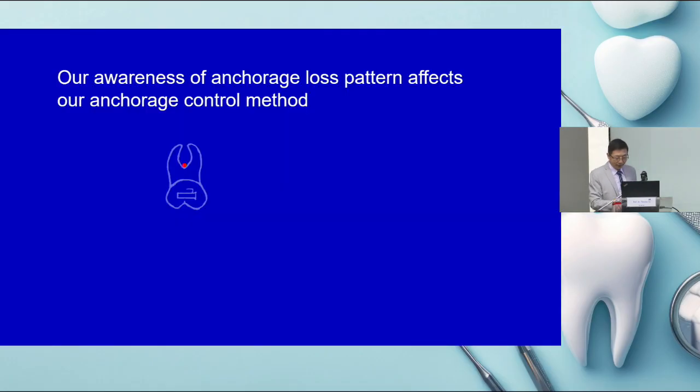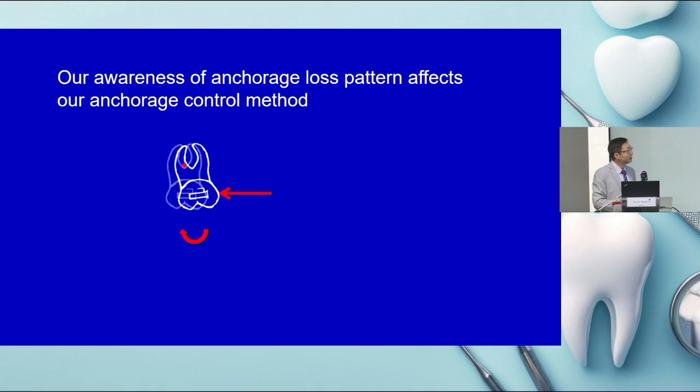But if we think molar anchorage loss happens in this way, how can we stop this kind of forward tipping? If we use force at the CRE, can we prevent the crown's forward tipping? No. So how can we prevent this kind of anchorage loss? Maybe we should give force here to the crown, not to the center of resistance.